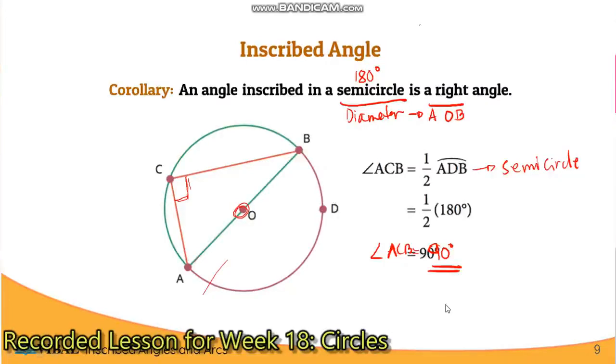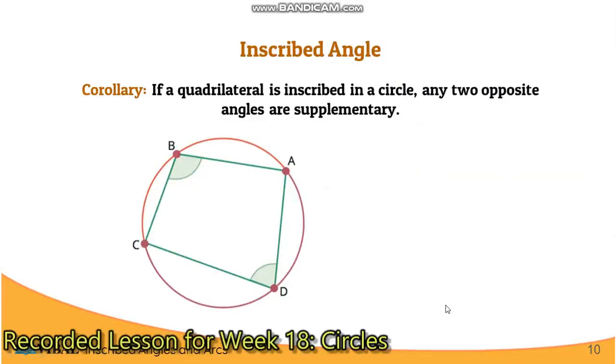Okay. Last one. Ang isang oras. If a quadrilateral is inscribed in a circle, alam natin ang quadrilaterals ay figures, 4 sides from the word quad, which means 4. Any two opposite angles are supplementary. Of course. Okay, any two opposite angles are supplementary.